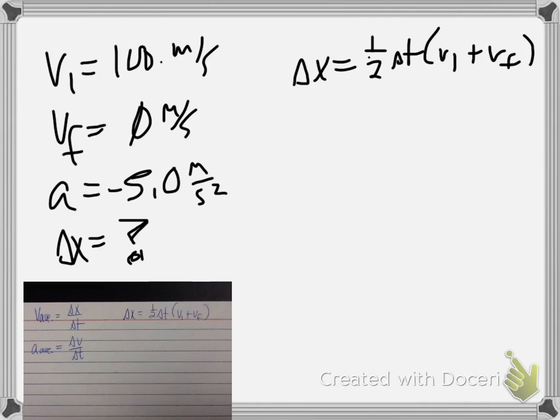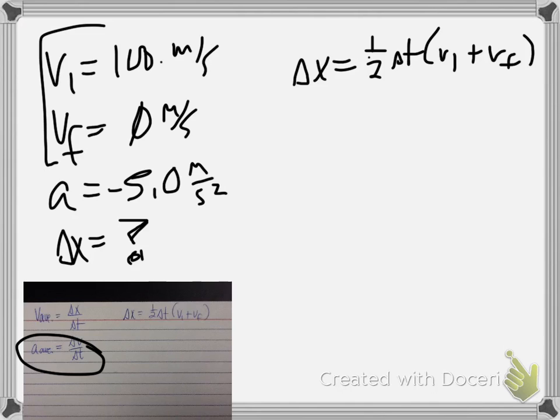The reason to list your variables is you're looking for which equation connects the things that you have. Well, in essence, you have the change in velocity, you have average acceleration, there's nothing about time, yet we have an equation that would connect change in velocity with acceleration and time. You have delta x, vi, vf, but you don't have time.